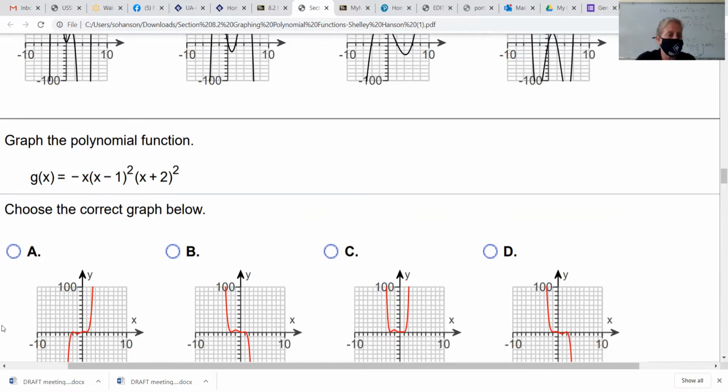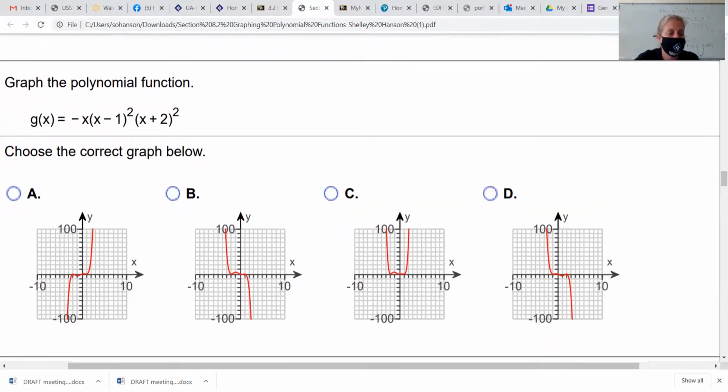Well, the only thing that helps me with is it knocks out A, right? Because A starts at the bottom and travels up. So I've knocked out from the end behavior only A and C. B and D both do what? They both start at the top, do some funny stuff, but end up going down.